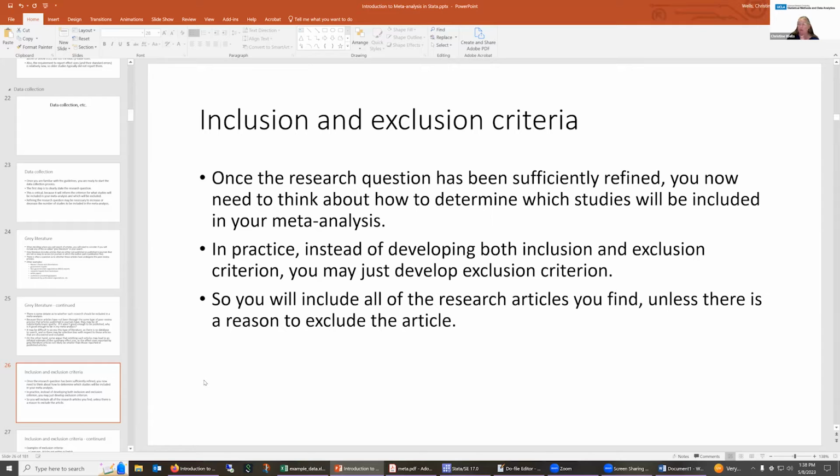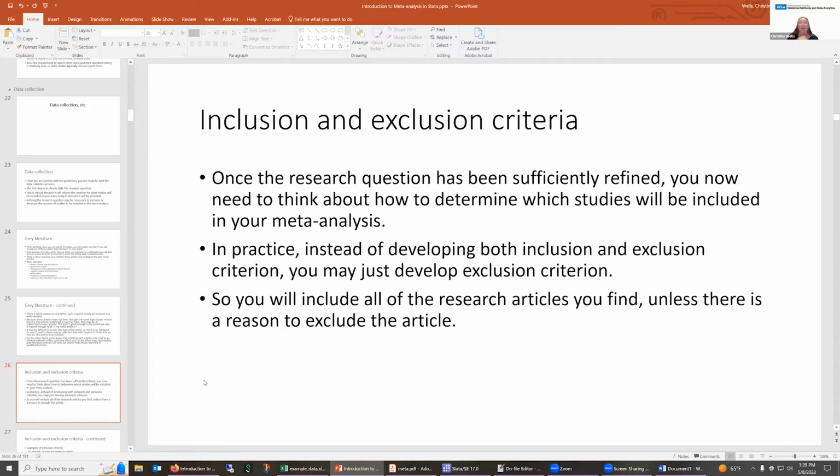let's say that we've got all that resolved, and now we're able to search our databases, able to come up with a list of potential articles to include in our meta-analysis. We need to think now about inclusion and/or exclusion criteria. So this is kind of the idea of, well, what comes in, what stays out. In practice, what I usually do is have exclusion criteria.